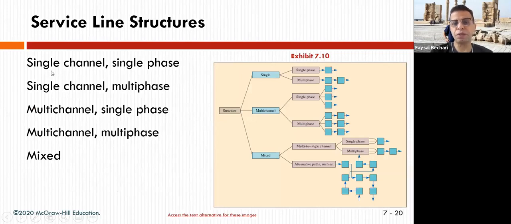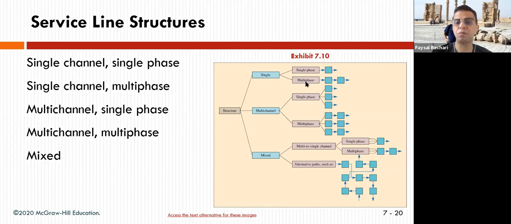So we said there is the channel itself, the lineup structure. There is what you call a single channel, single phase, like this one, and this is what's happening now in any store or coffee shop, for example, with one cash machine.